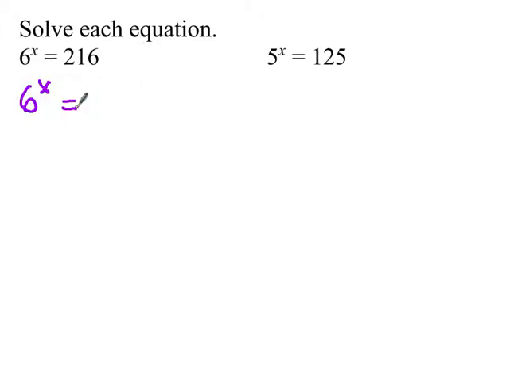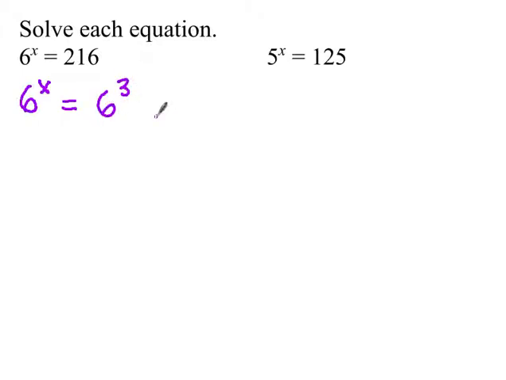How many 6's does it take to get to, yeah, go ahead, use your calculator, that's fine. What'd you get? 3. So really 216 is actually 6 cubed.